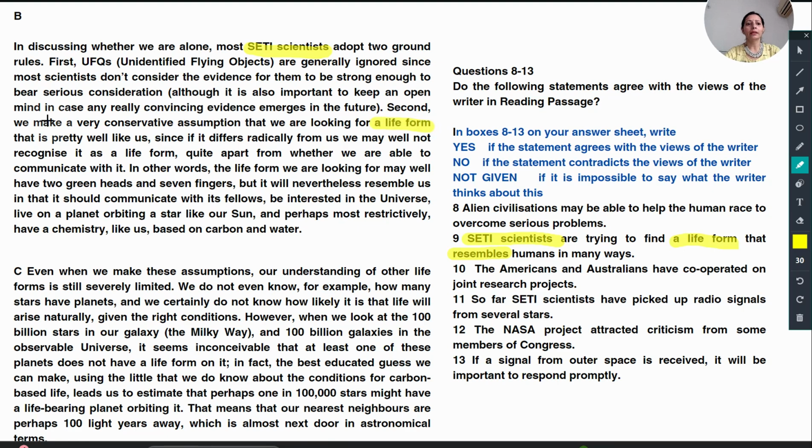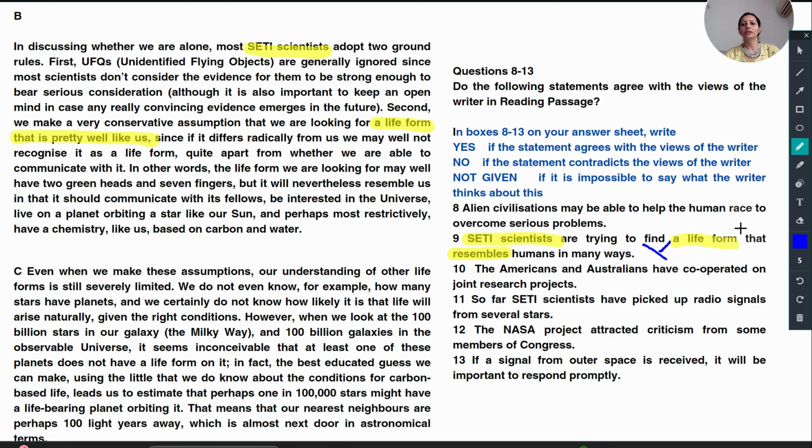Second, we make a very conservative assumption that we are looking for a life form that is pretty well like us. It means they resemble us. So my answer is yes. You decided yes, you are right. So again, I am writing here only Y.